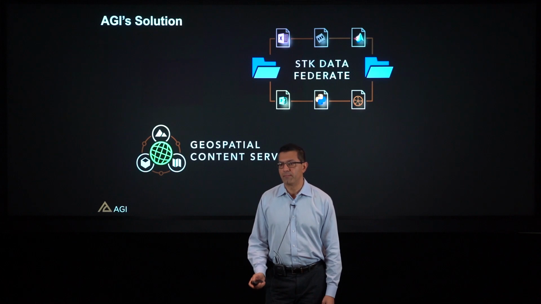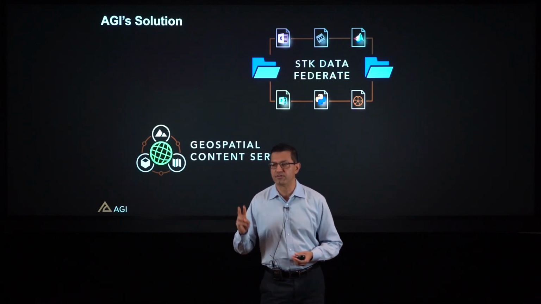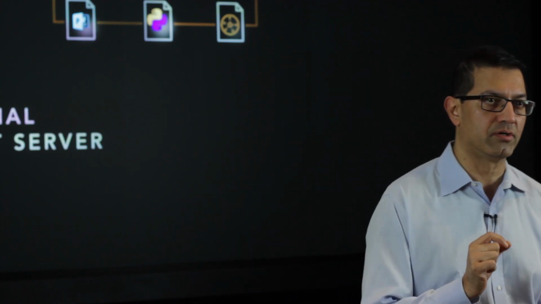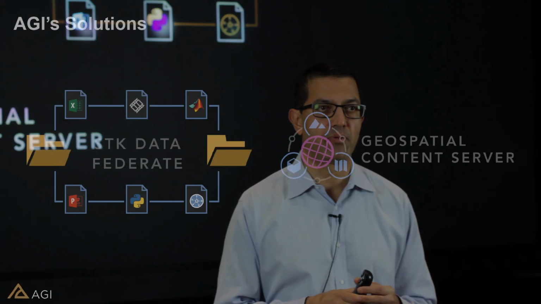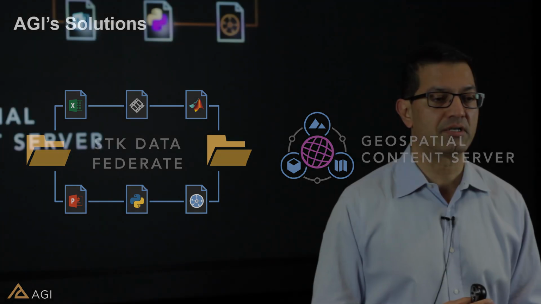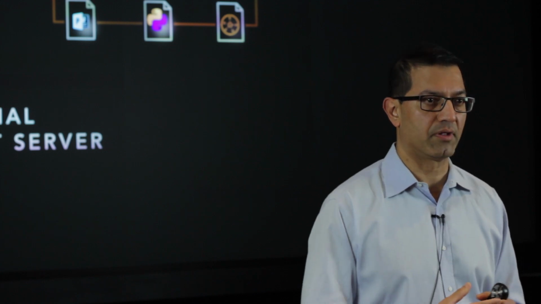So in summary, AGI offers two enterprise class software systems that both recognize the needs of collaboration in enterprise organizations. Oh, before I summarize, one additional product capability that I failed to mention is we have also introduced the Geospatial Content Server. The Geospatial Content Server is an enterprise geospatial content processing and serving capability.